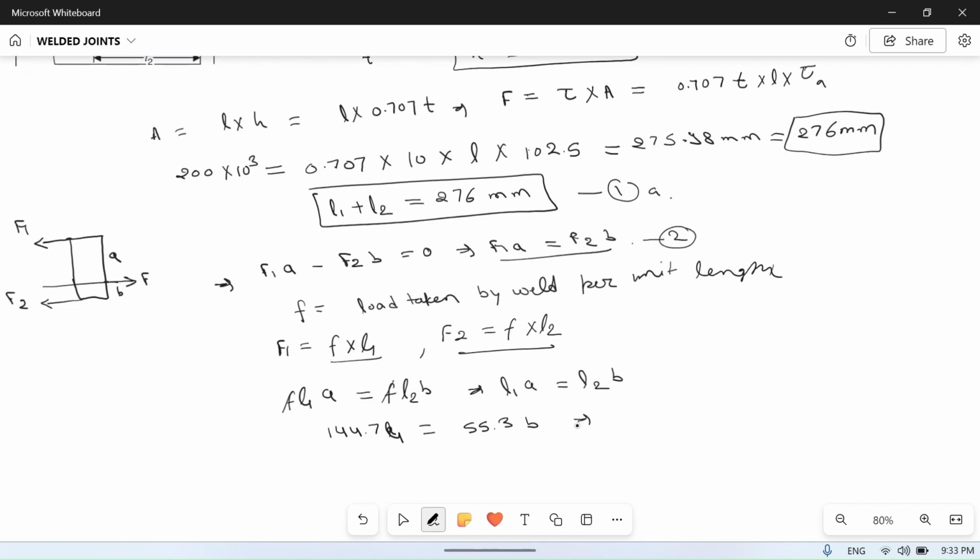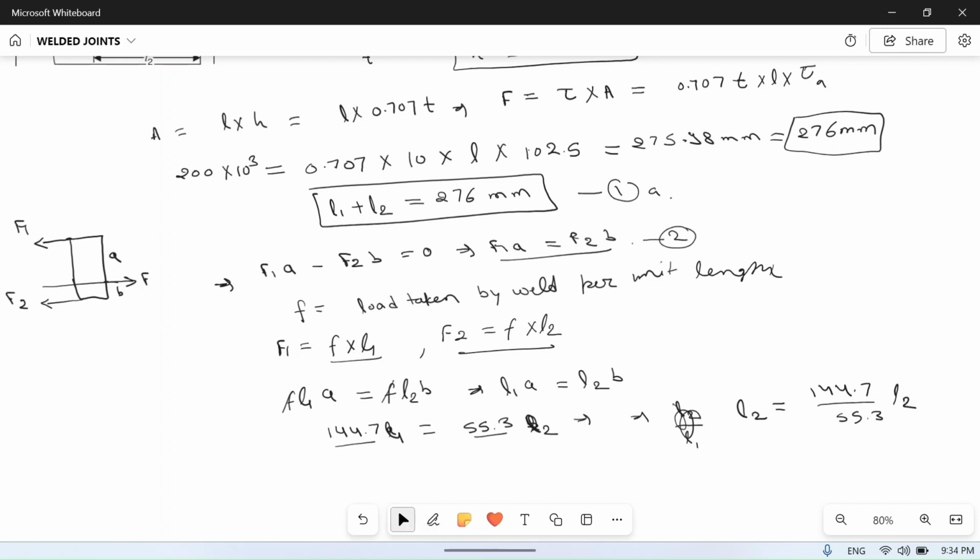Okay, so this is value of B, this is value of A. So from here we can say L2 is equal to 144.7 by 55.3 L1.